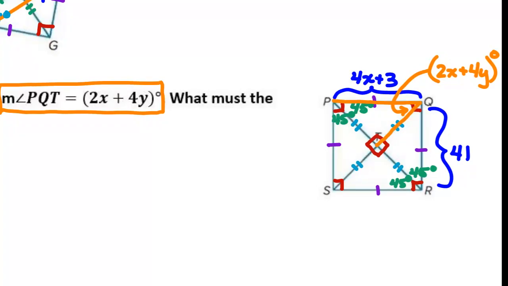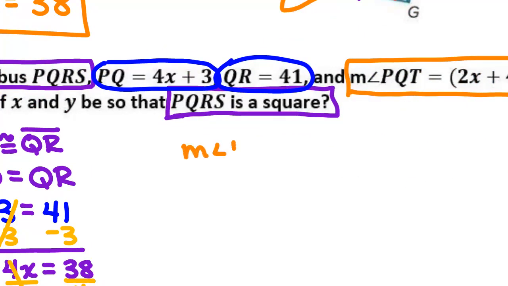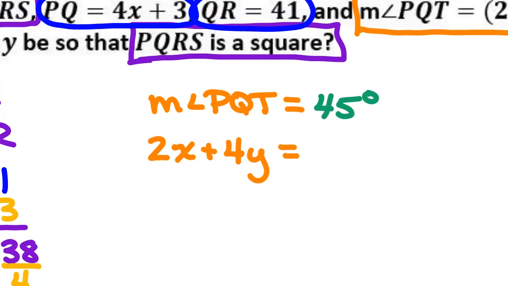It said that PQT was 2x plus 4y degrees, but I know exactly how many degrees that angle is. How many degrees is PQT? 45 degrees. The measurement of angle PQT is equal to 45 degrees. And we have this expression for PQT, 2x plus 4y. That's going to be equal to 45 degrees.